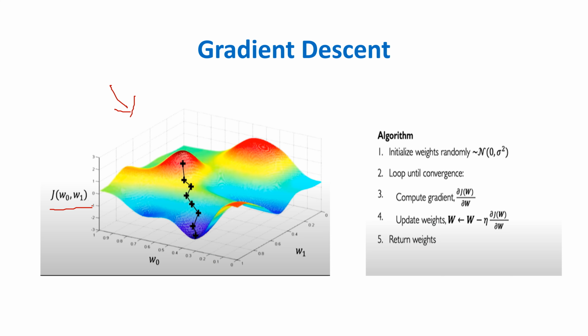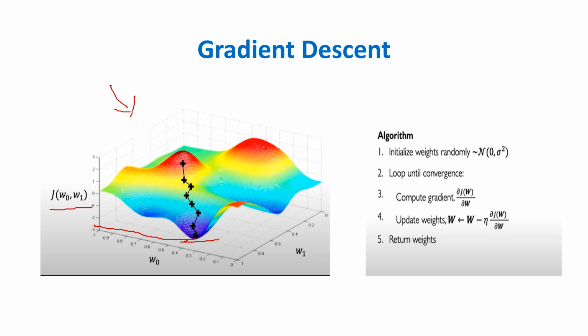What we aim for is the least cost thrown by the model, so we need to check for the weight values which give us the least cost.